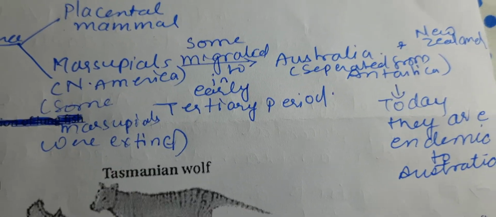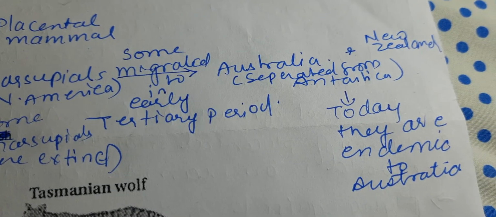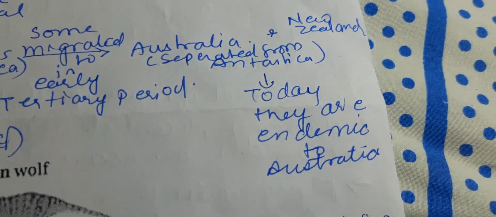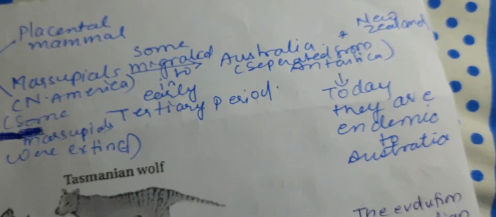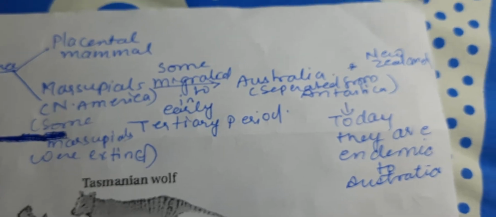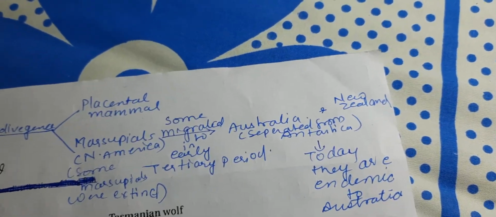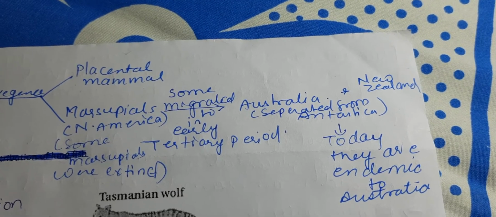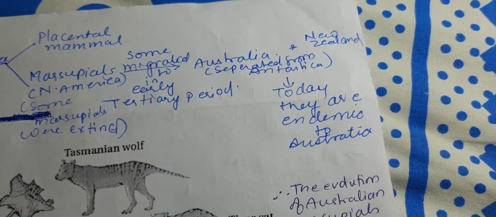It was around the early tertiary period that they migrated, and today they are endemic species of Australia. You cannot see marsupials anywhere else in the world because Australia got separated as a landmass from the rest of the landmass at a very early stage. You will also see them in New Zealand.